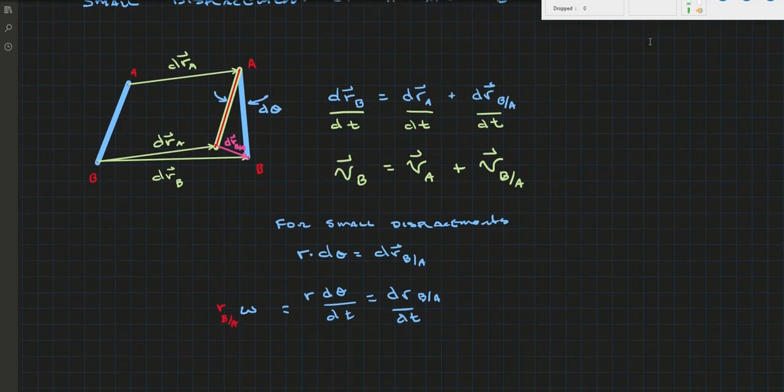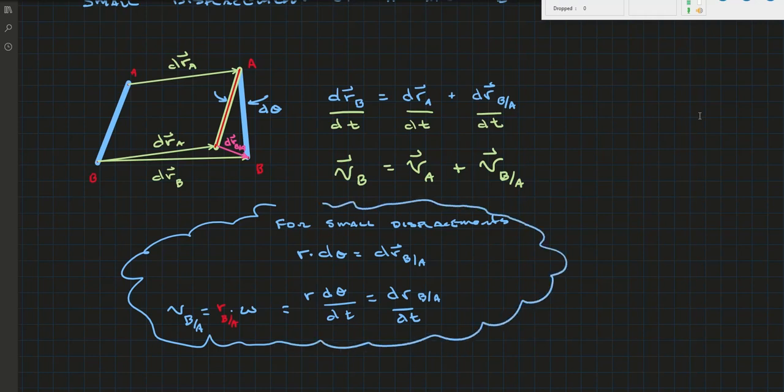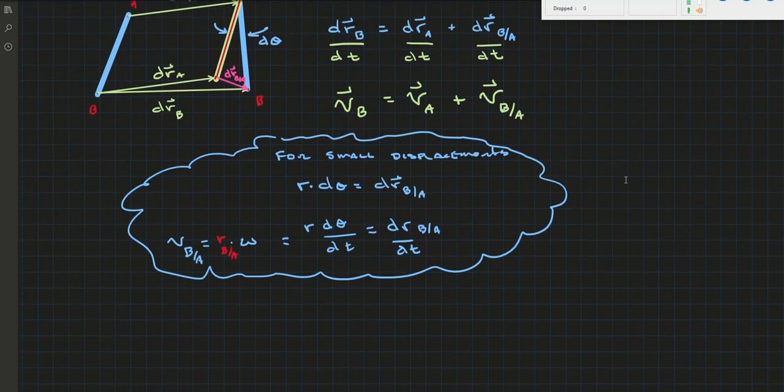So, continuing with this idea, R of B with respect to A times omega is the velocity of B with respect to A. So, let's just put this in a balloon as a side thought here. We can replace the velocity of B with respect to A up above with that value. So the velocity of B then is equal to the velocity of A plus R of B with respect to A times omega.